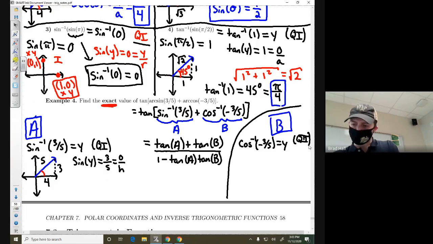So in other words, cosine of y is equal to negative 3 over 5, which is adjacent over hypotenuse.